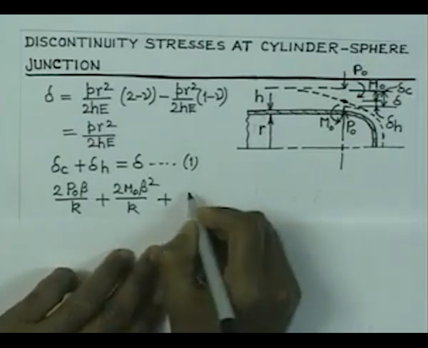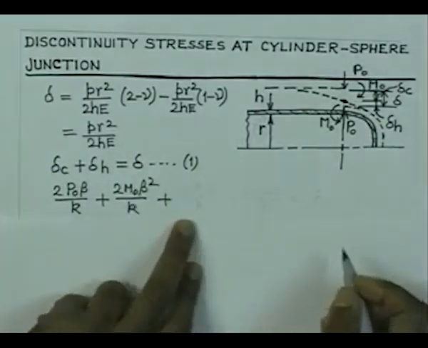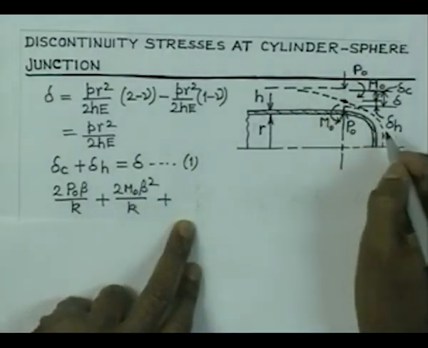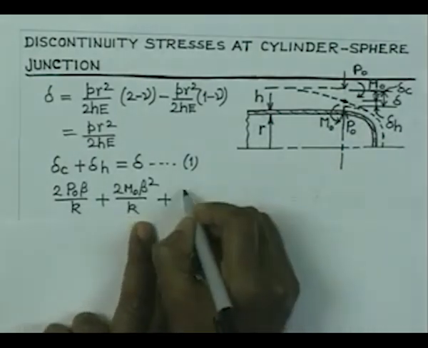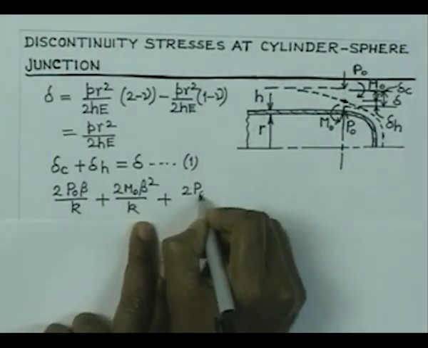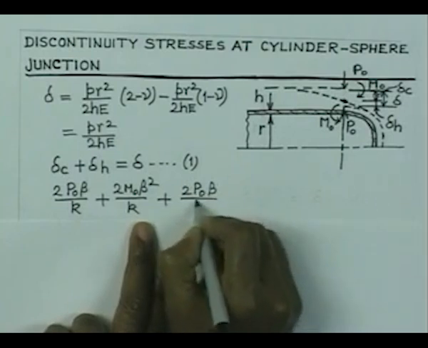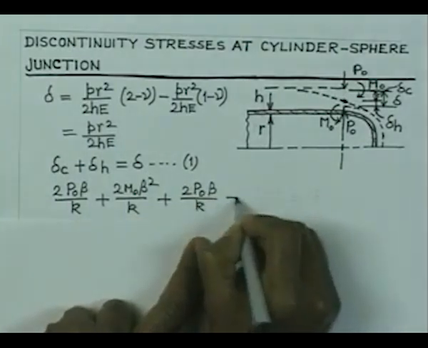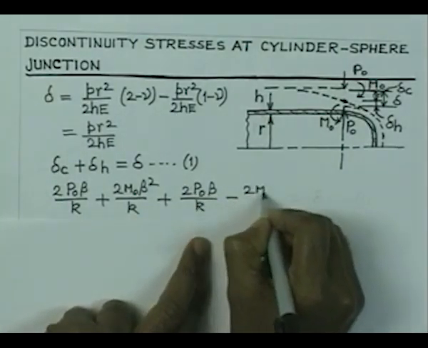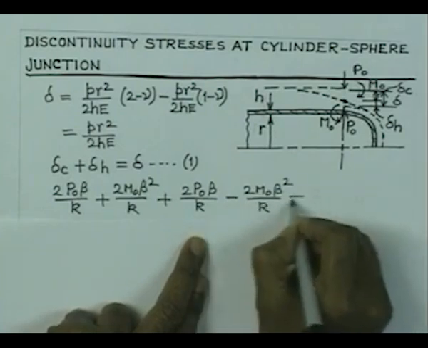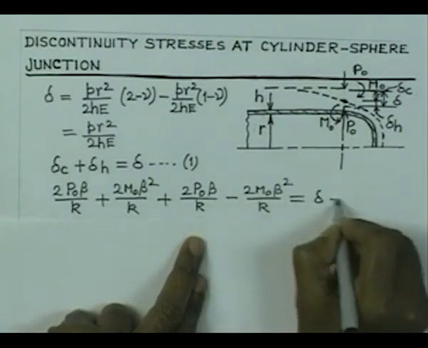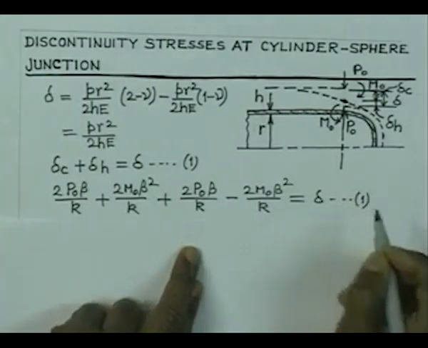If we assume that both the materials are the same, then beta and k will be the same as in the case of the cylinder, and now we can have this as twice P0 beta by k minus twice M0 beta square by k is equal to delta. So, that is your equation number 1.